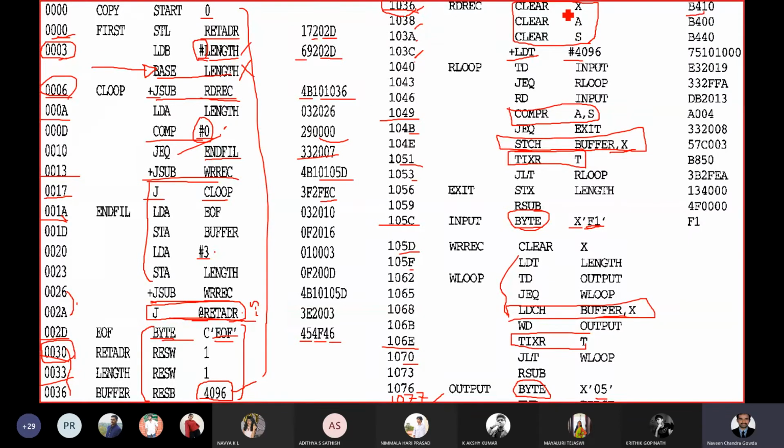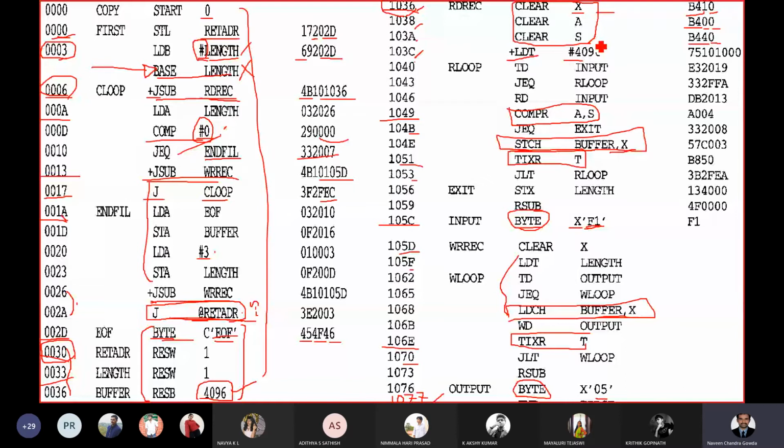Again CLEAR A: B4 is the opcode of CLEAR, the register number for A is 0, there is no second register, so it will become 0. Again CLEAR S: B4 is the opcode for CLEAR, 4 is the register number of S, and there is no second register, so it will become 0. That's what B440 is the object code for CLEAR S. So CLEAR X, A and S are the format 2 instructions.